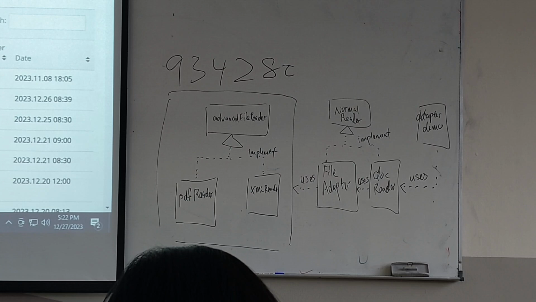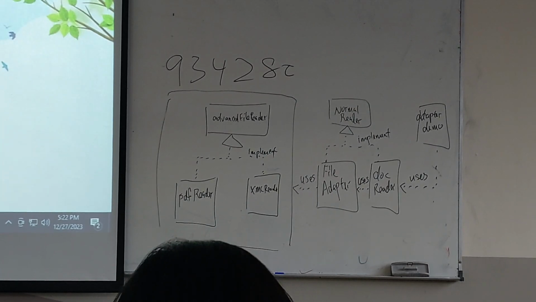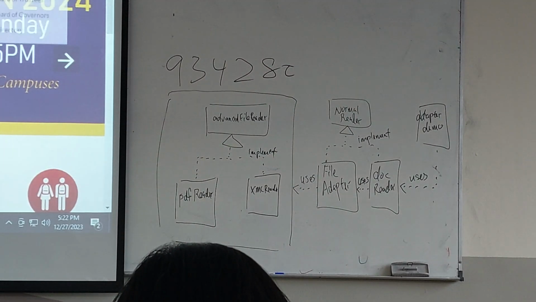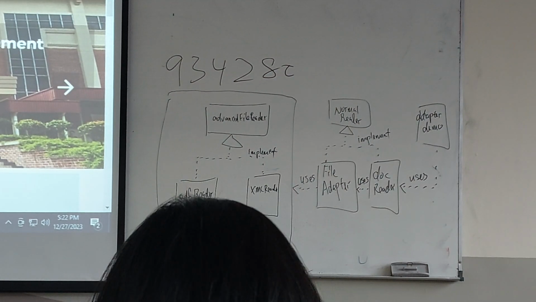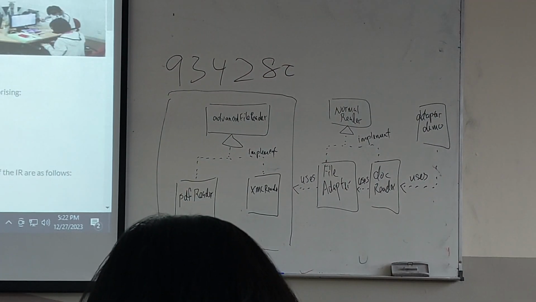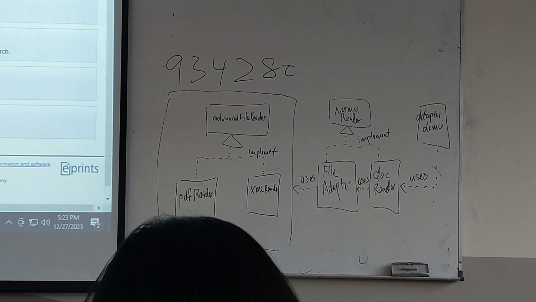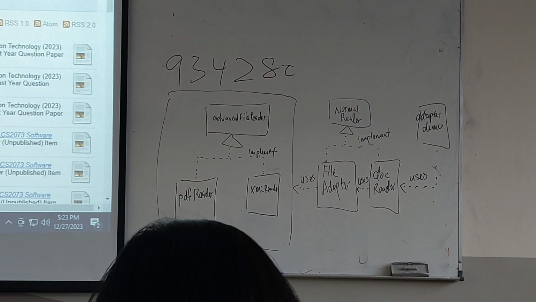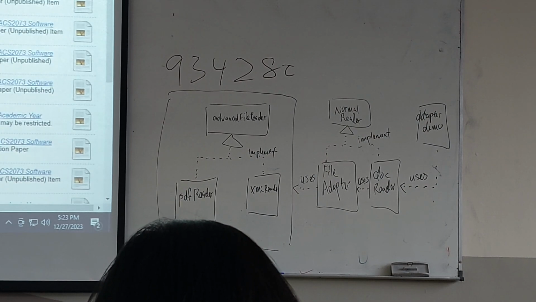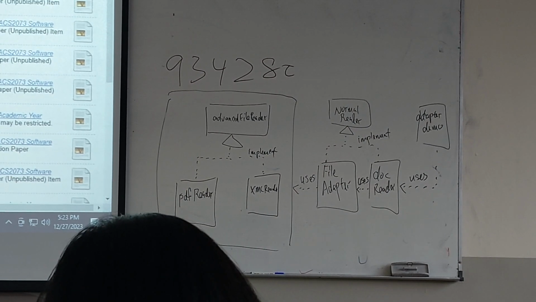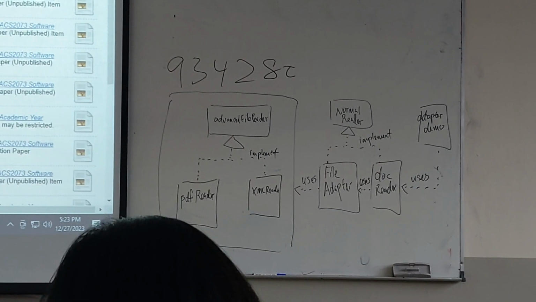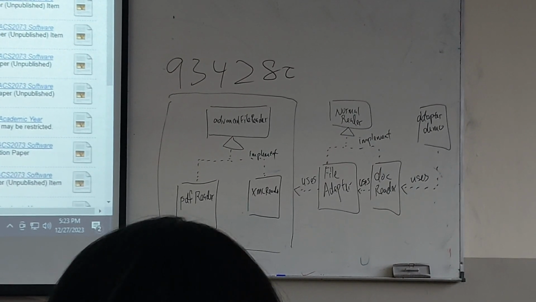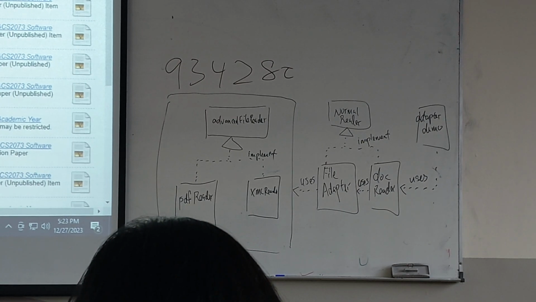Why do I want to log in to this one? Library. BSCS 2073. Okay, so I pick. What was the last subject I taught? I pick this one.